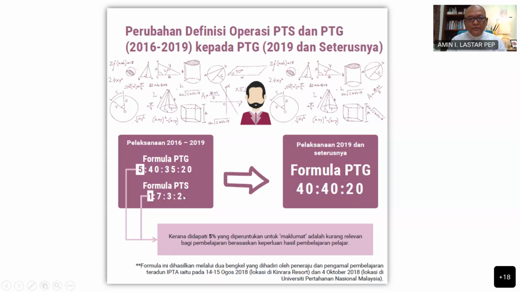All right, so we have been using this 1732 all this while, pelaksanaan 2016 to 2019. By 2019 or somewhere after that, we were supposed to move to 5, 40, 35, 20. So when the KPT said UA have to move from 1732 to 5, 40, 35, and 20, we at PEP said, sorry, we are not ready for that. We are still implementing 1732.